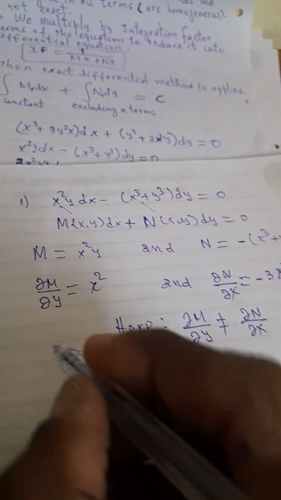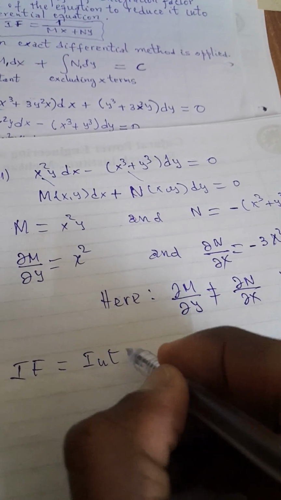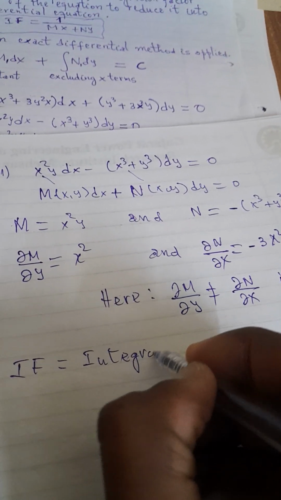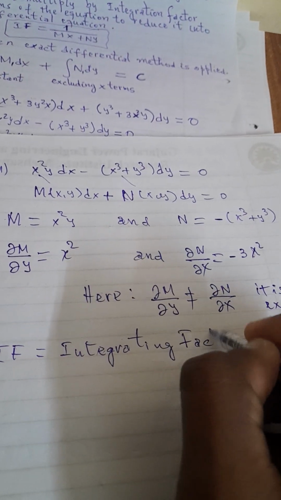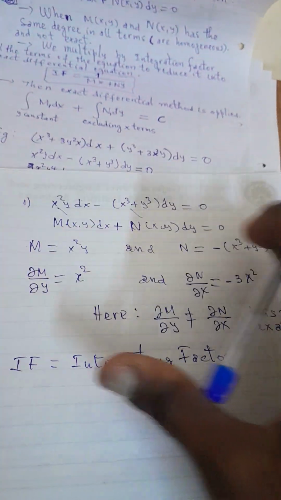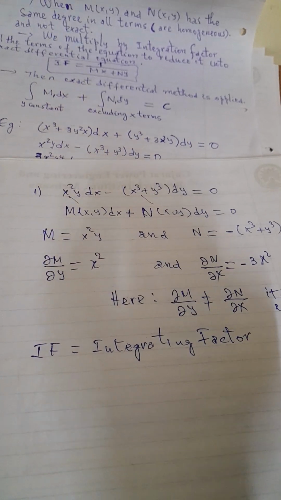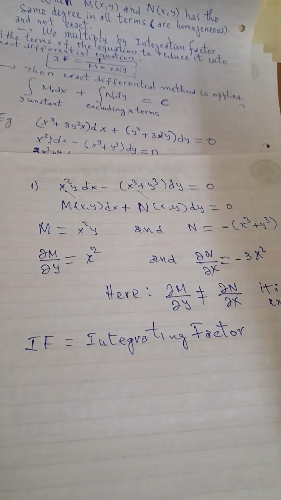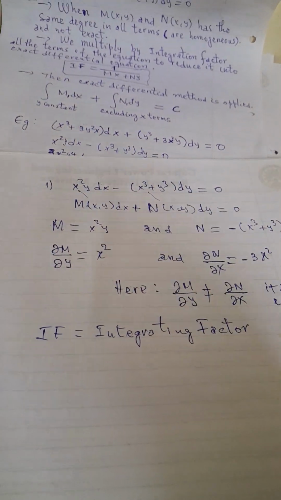So let us find what our integrating factor is, so that by multiplying the whole expression by the integrating factor, our not exact differential equation is reduced to an exact differential equation.